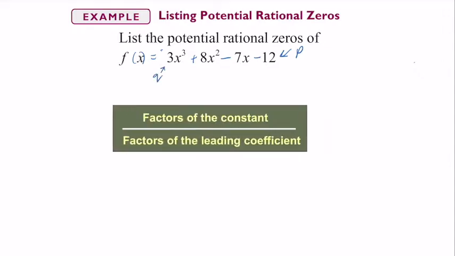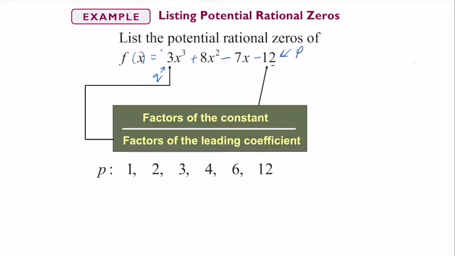So I need to take factors of our constant and factors of our leading coefficient. So some of the factors of 12 would be 1, 2, 3, 4, 6, and 12. But we have to make it plus or minus. Some factors of q would just be 3 and 1.